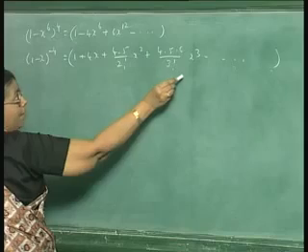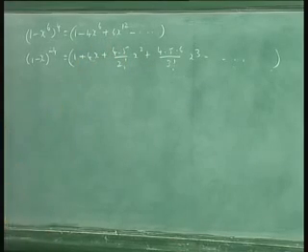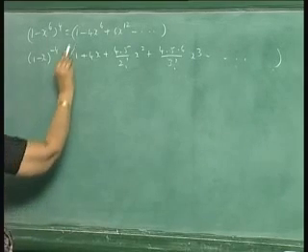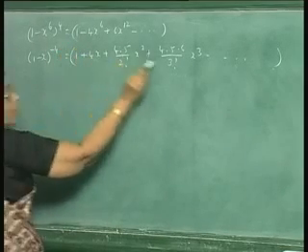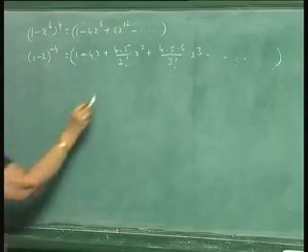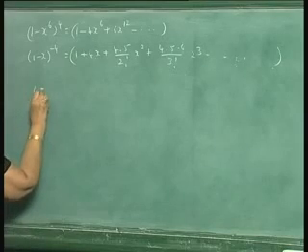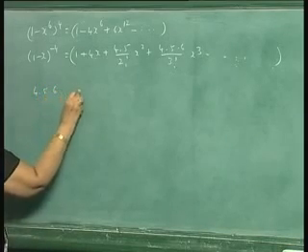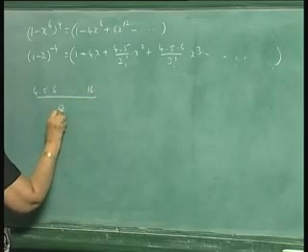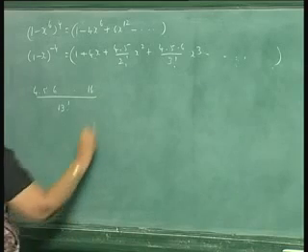Then minus the product of this term with the coefficient of x power 7 here. x power 6 and x power 7 will give you x power 13. So, that is 4 times 4 into 5 into 6 up to 10 by 7 factorial. Then if you multiply x power 12 by x, you get x power 13. So, these two will give rise to another x power 13, that is 4 into 6.